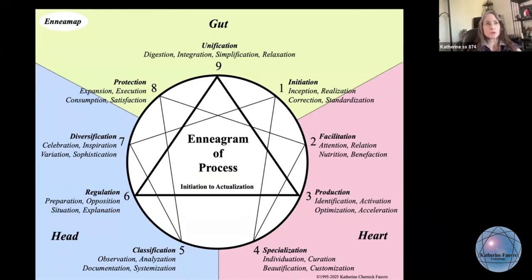Because a lot of times 5s will do all this kind of investment and understanding, but they won't tell other people or explain it. Or if they do, they go into such detail about it that people glaze over. So it's really helping them communicate what they've learned in a way that the 6 understands it.